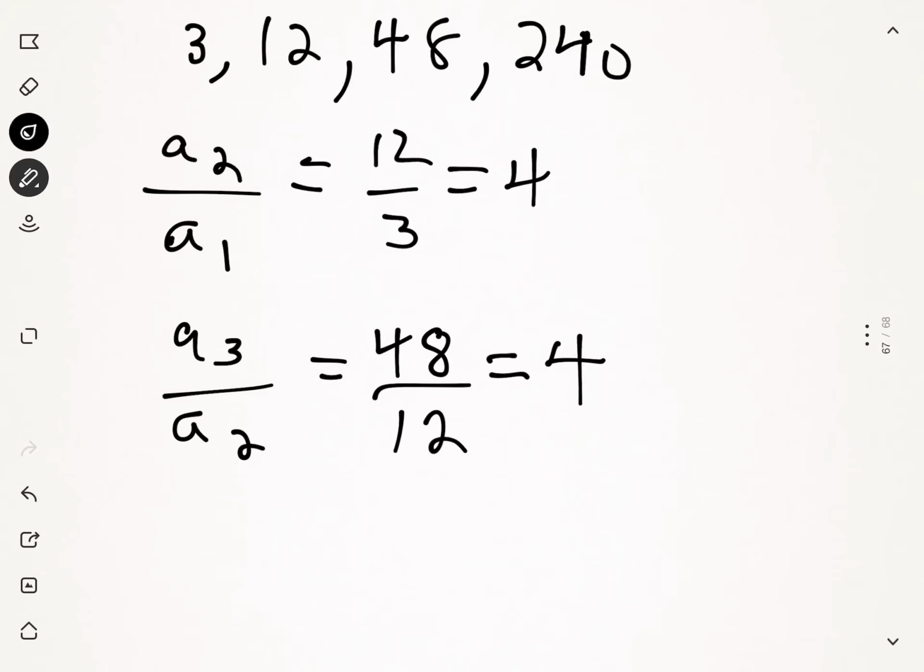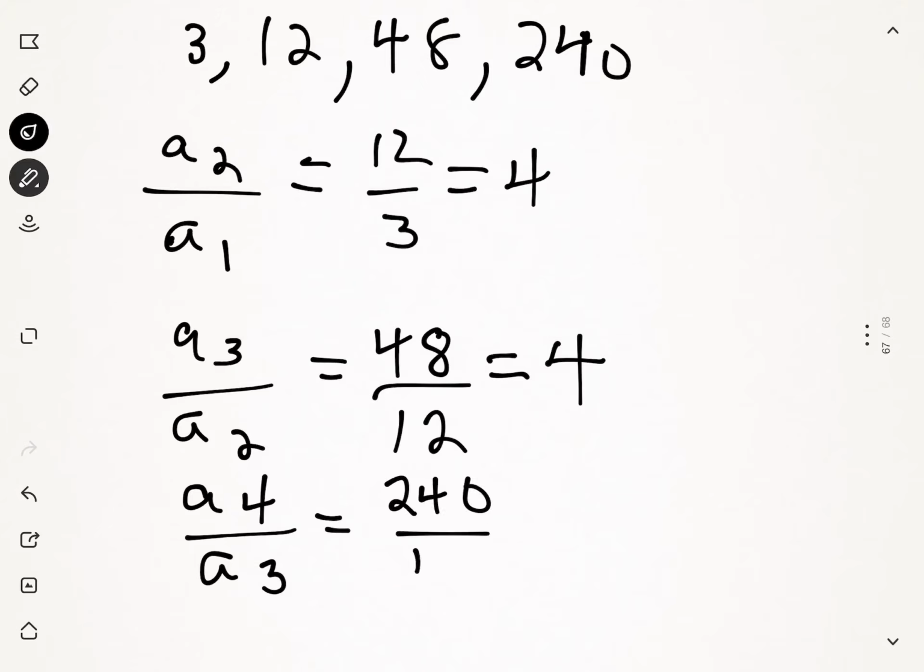So that's nice. We have the same common ratio. We get 240 divided by 48, and we end up with 5. While these two check out good, this one makes the whole sequence of numbers not geometric.